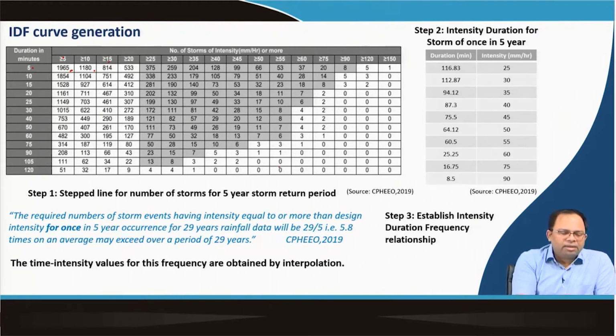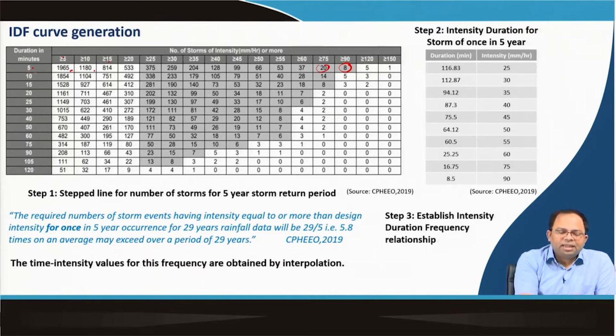If I go the other way, for smaller duration events like 5-minute events, rainfall intensity greater than 5 was seen in 2000 events, almost all the events. As we go along, for intensity greater than 90 millimeter per hour, we saw 8 events. Greater than 75 millimeter per hour, we saw 20 events, but of duration 5 minutes.